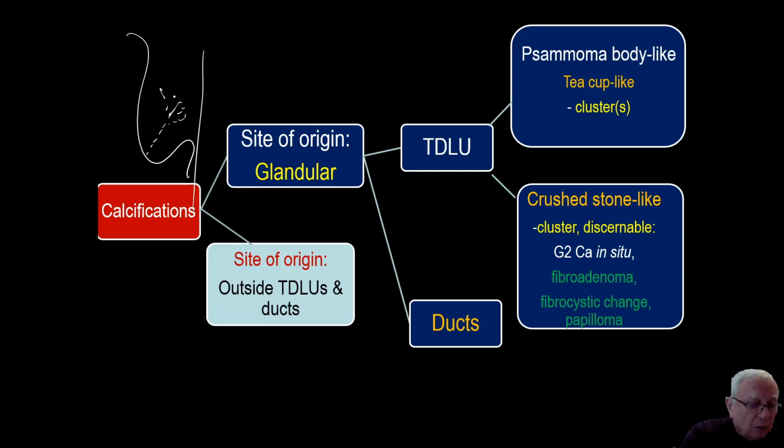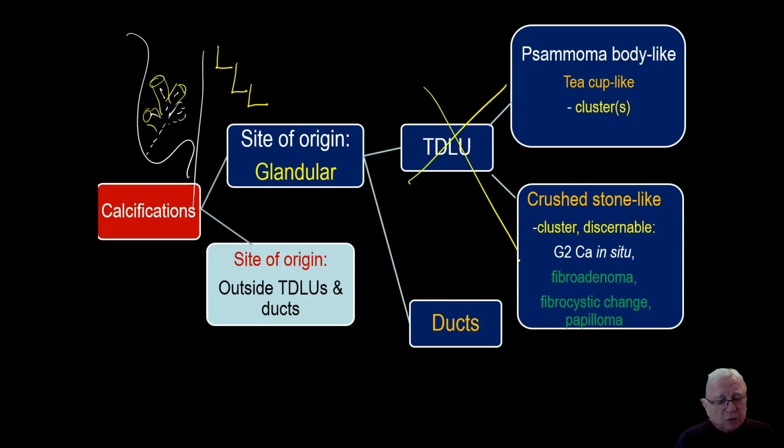And you learned it in school, location, location, location. So you are using your fantasy and doodle as I do, and you say, no, it's not localized within the TDLU. It must be localized within the duct.